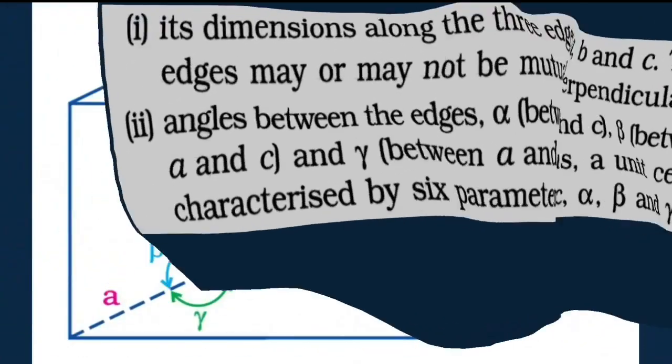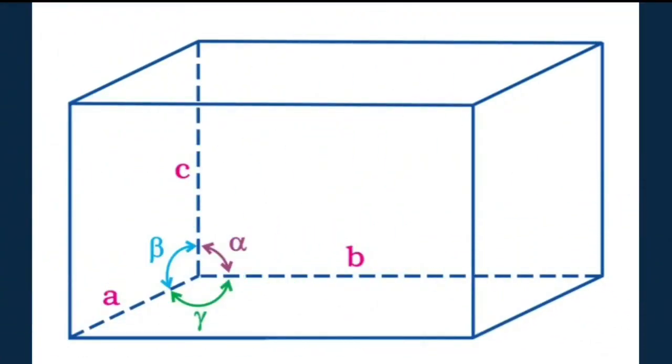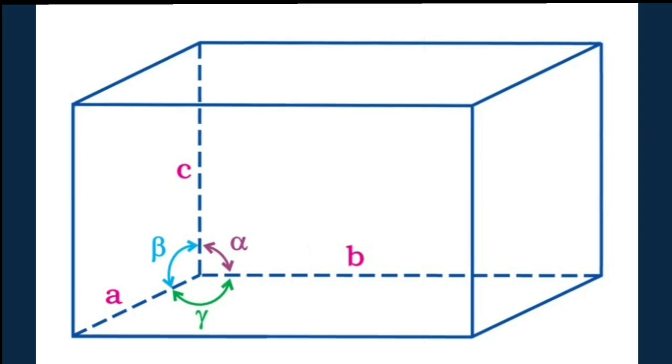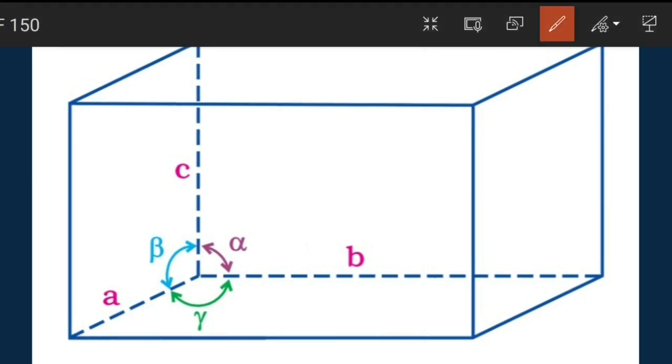You can see here, this is a unit cell. Now you can see three edges given here, A, B and C. These three dimensions are its dimensions along three edges.